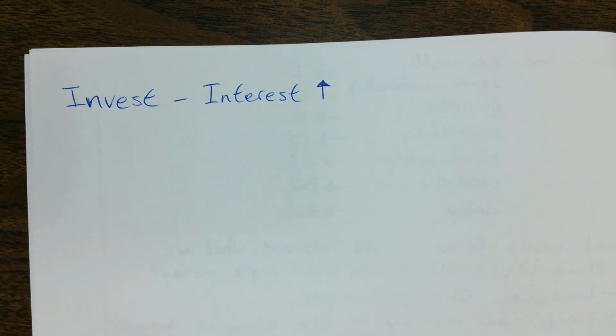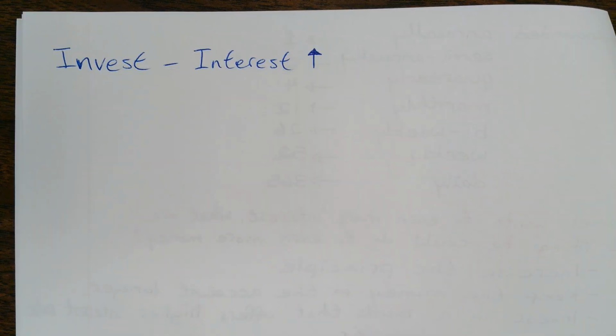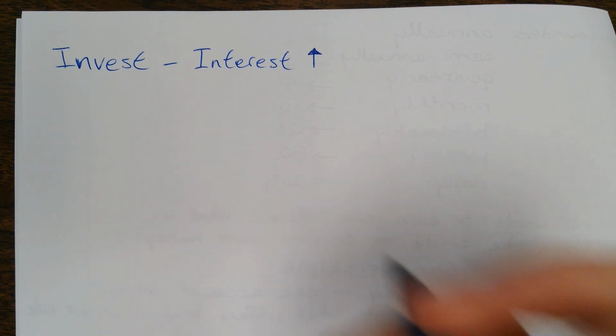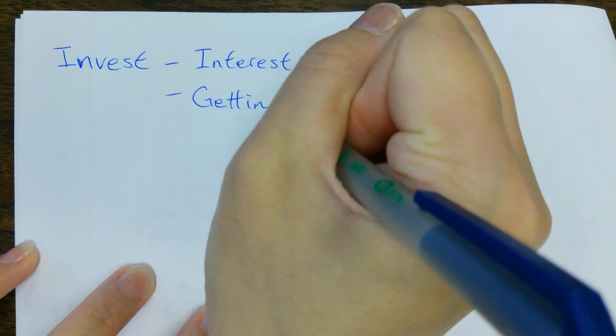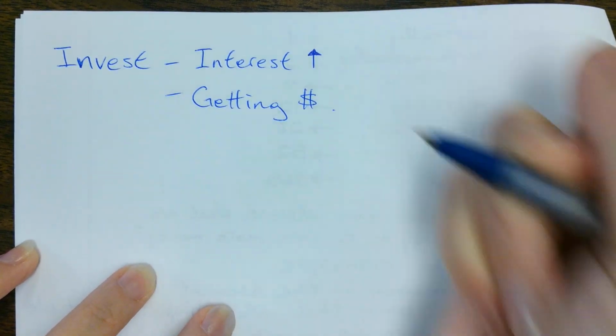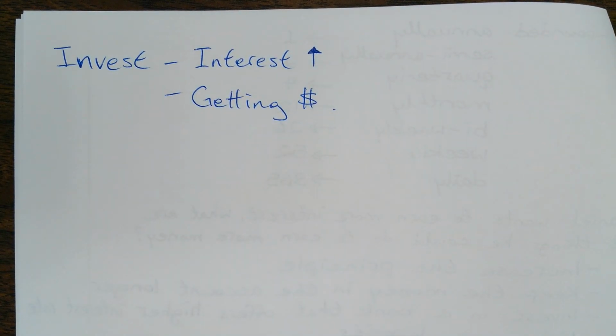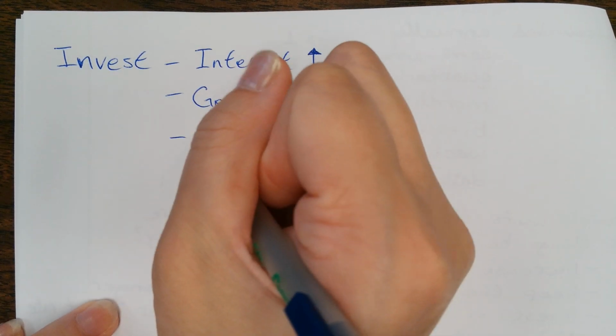I'm just writing this down on the side. You don't have to copy this down. I just want to do a little summary with you guys. If I do an investment, I want the interest to be high, and that's because I'm getting money. The longer I invest, the more money I get. So I want a longer term.